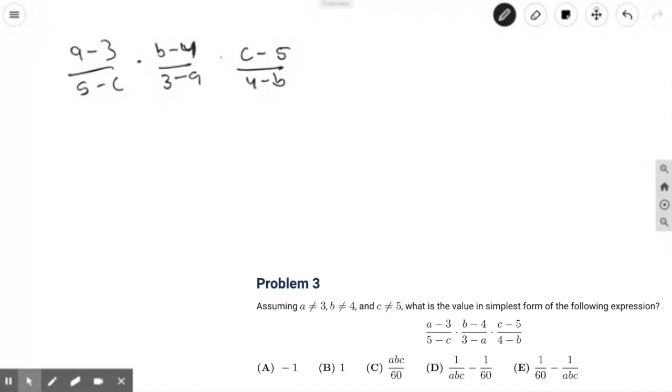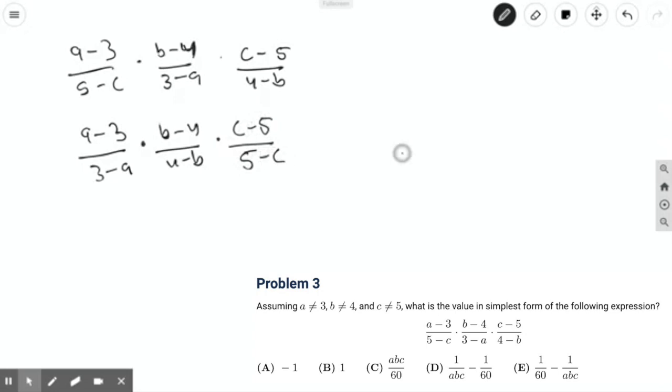We can rearrange this as A minus 3 over 3 minus A times B minus 4 over 4 minus B times C minus 5 over 5 minus C, because they're being multiplied by each other. So therefore, we can rearrange the denominators or numerators.